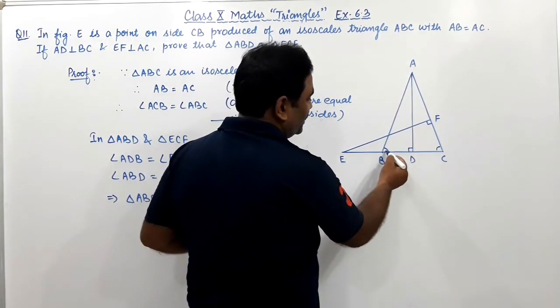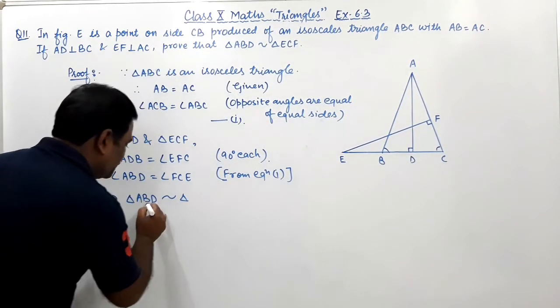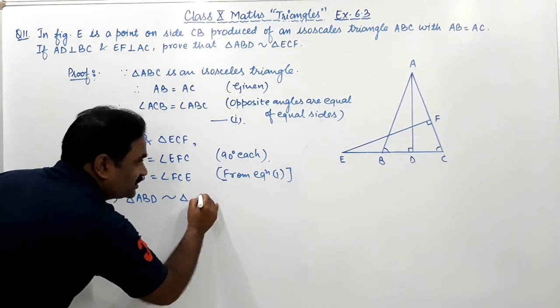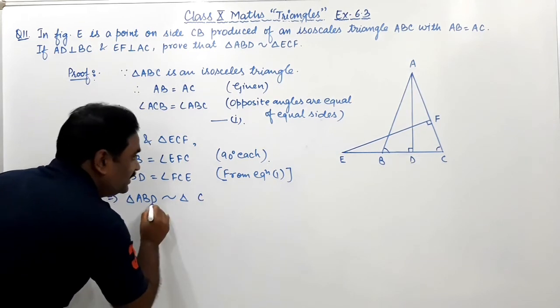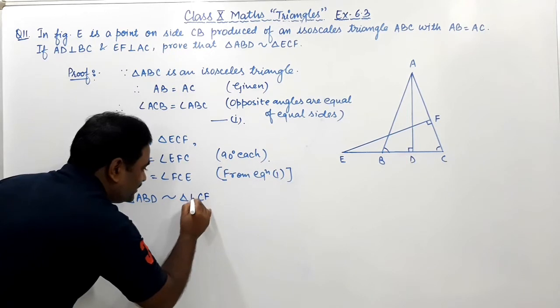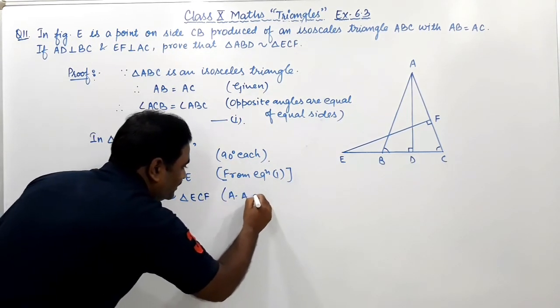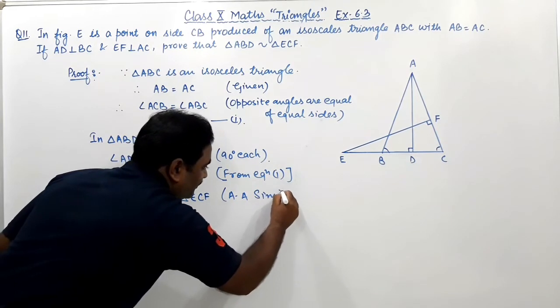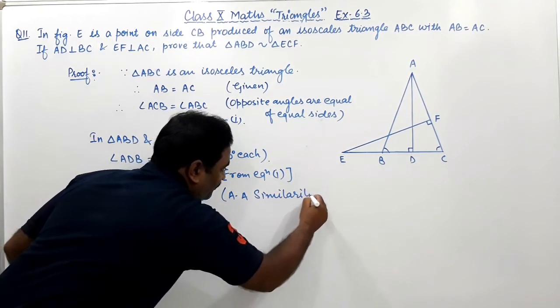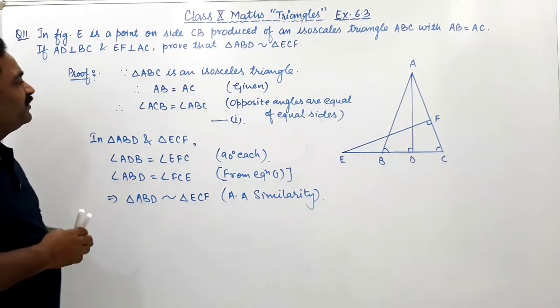B is equal to C, D is equal to F, so what is remaining? E is remaining. By angle similarity criteria. क्लियर हुआ कॉन्सेप्ट? आपका प्रूव हो गया.